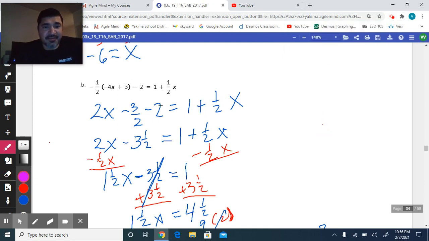Okay, so the first step we did here was we distributed. We distributed this half to -4 to get 2, and then -1/2 with 3. So this first step is called distributive property.